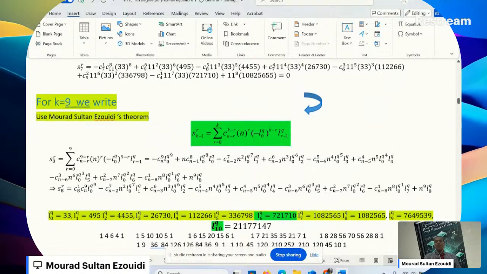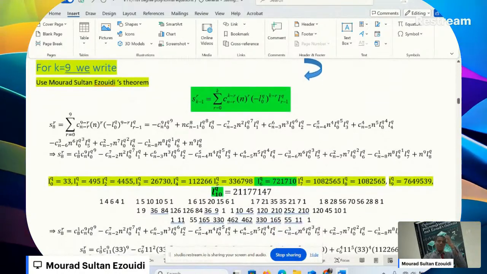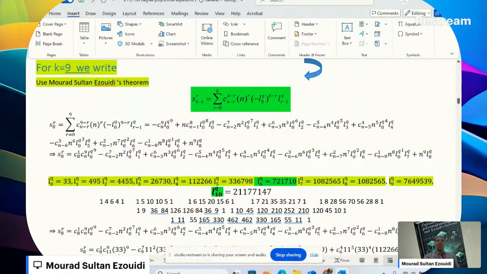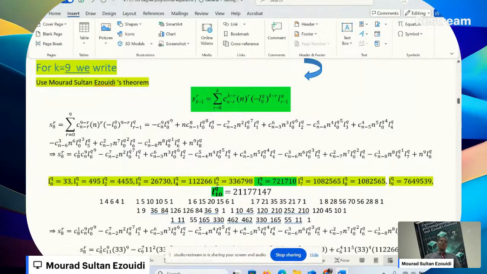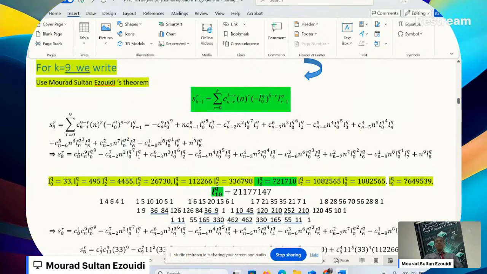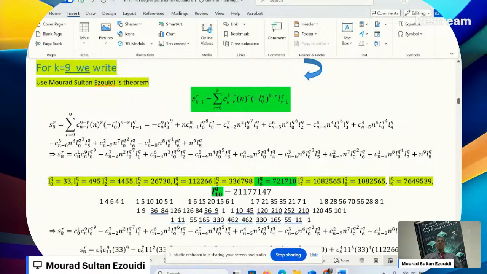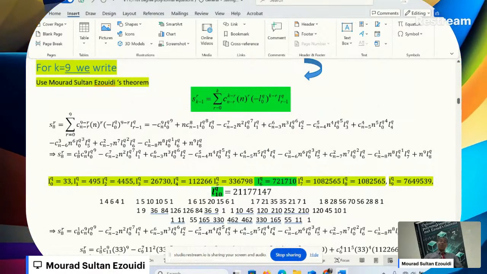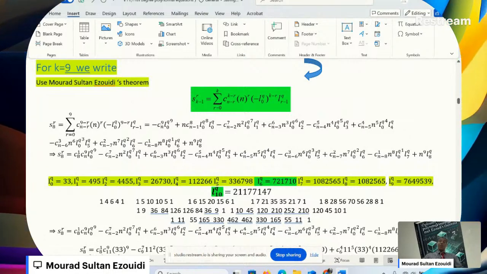Okay, so it's an occasion for you, and you are welcome, professors, from the whole world, from any universities in the world, to apply and to use the theorem, because it's very important, and it will help you also to solve the nth linear equation.